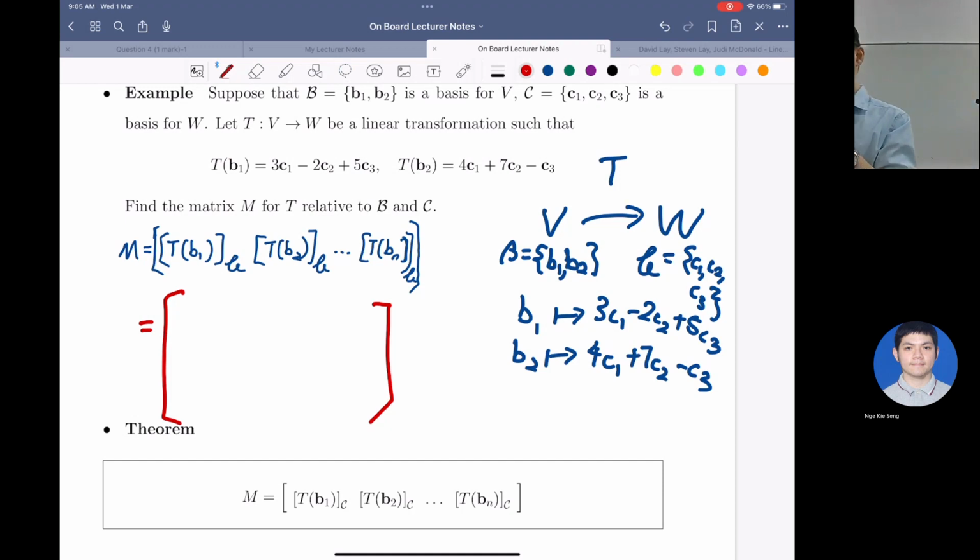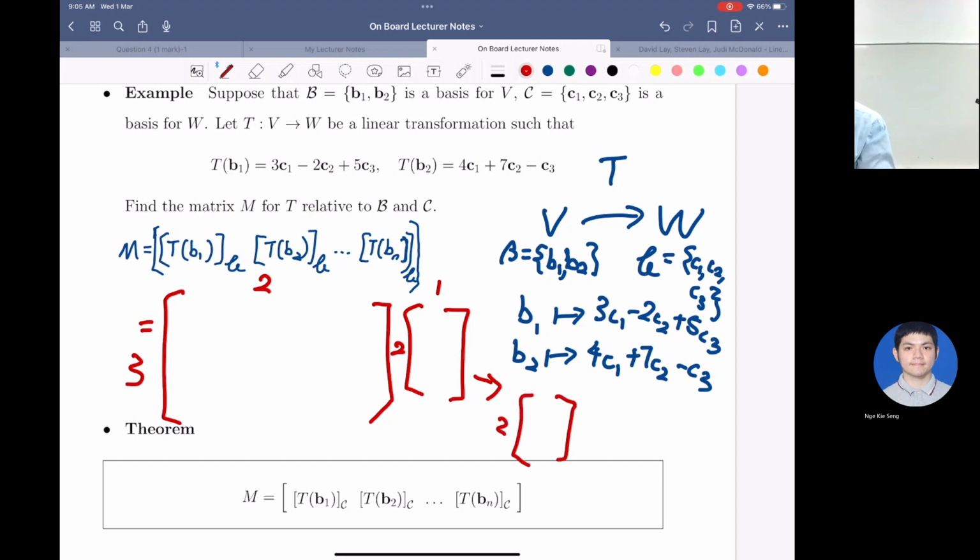So the matrix has to be 3 by 2. Remember the matrix add on here: it's 2 by 1, 3 by 1. So always the domain comes later, 3 by 2.